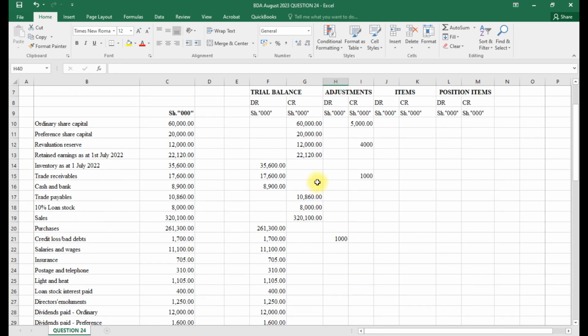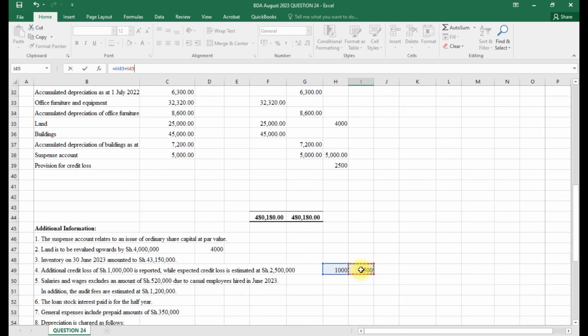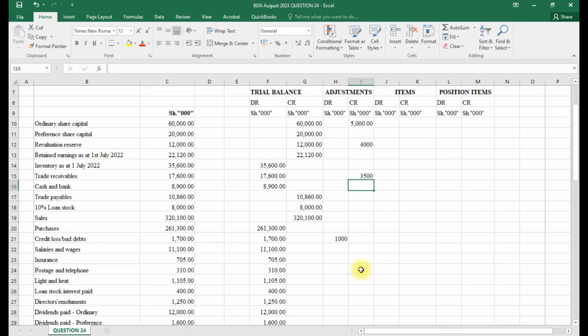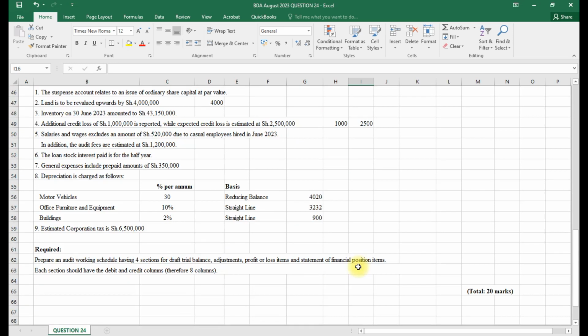It will affect this value here. I will add plus this value of 25. That way we'll add plus 25 as our adjustment for the debtors or the receivable.